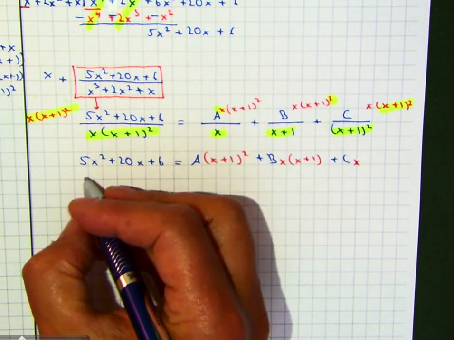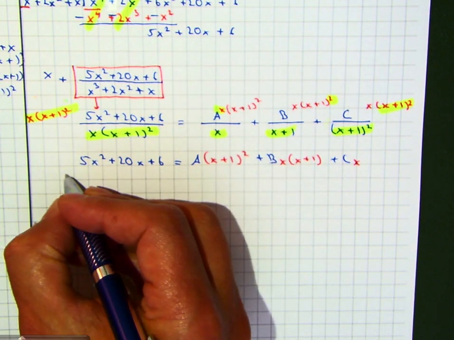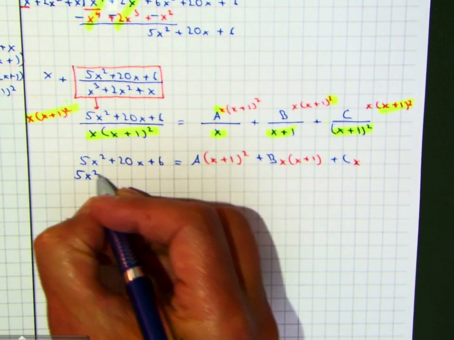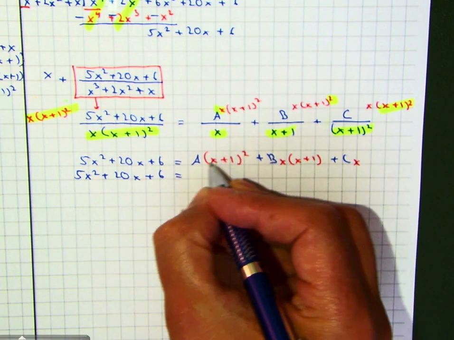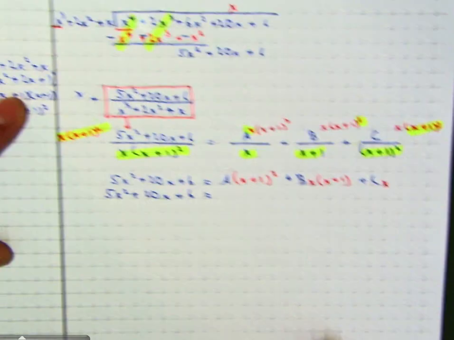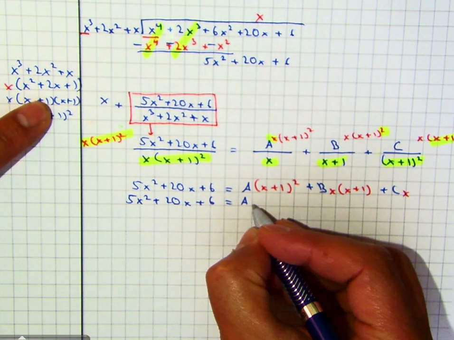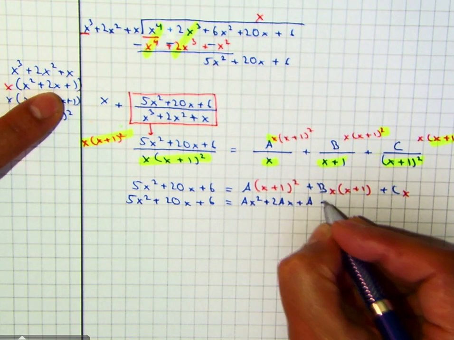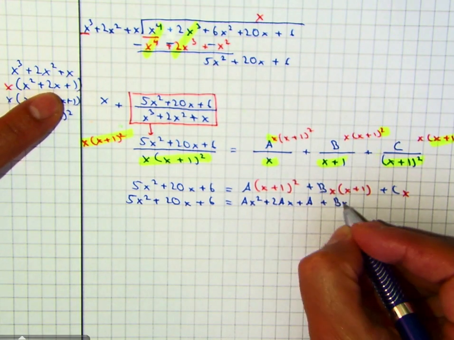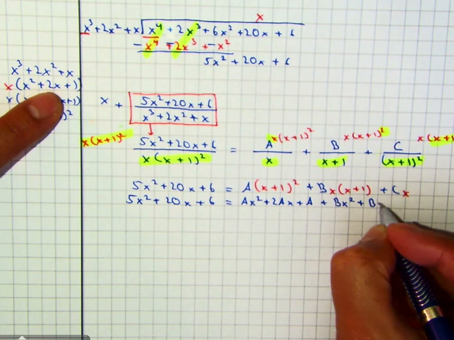So in this case, this is the same. Let me show a nice space. 5x squared plus 20x plus 6. I know that this is x squared plus 2x plus 1. So multiply by a gives me ax squared plus 2ax plus a. Multiply this out, bx squared plus bx plus cx.